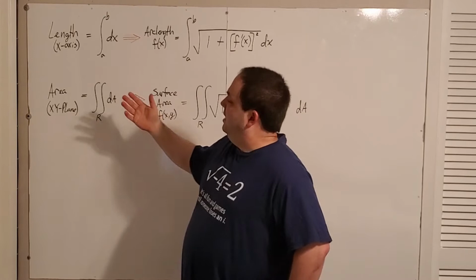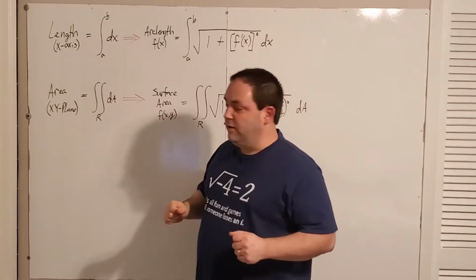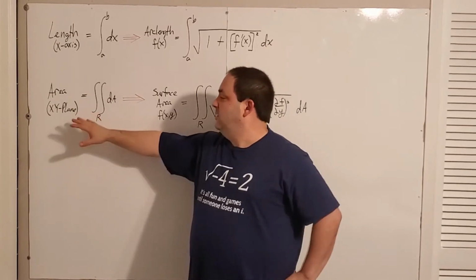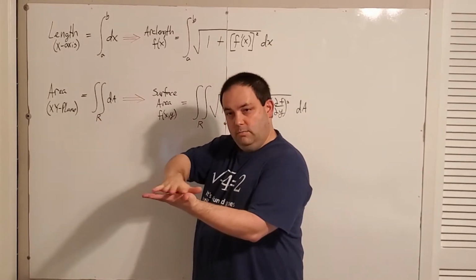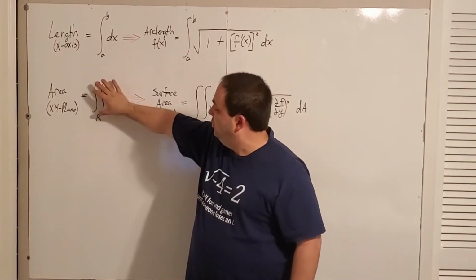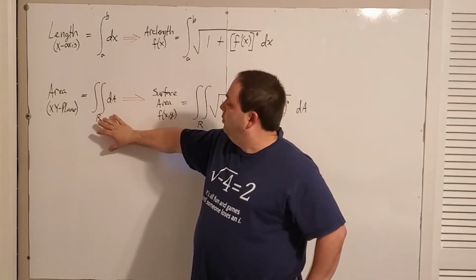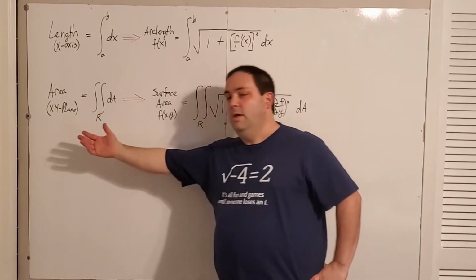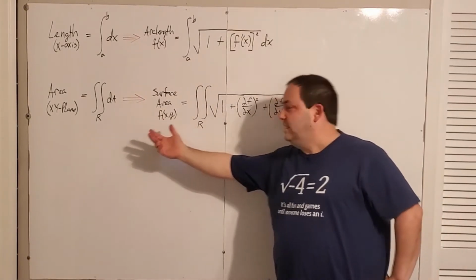Okay, well, in 3 space, it works very similarly. We can find an area on the xy plane, right, just a region, by doing a double integral over a region, the dA. Okay, well, we can also generalize this.